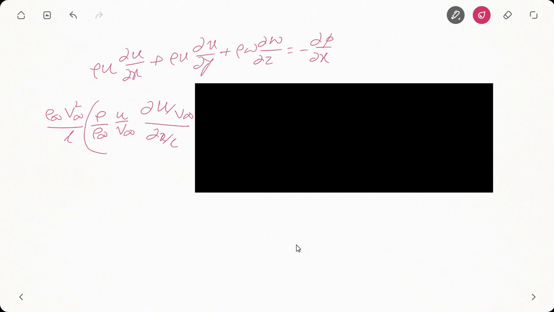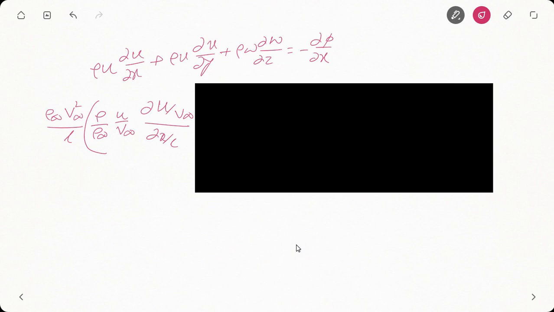In the second term, also we'll see that rho v is there, so we write rho upon rho infinity and v upon v infinity.